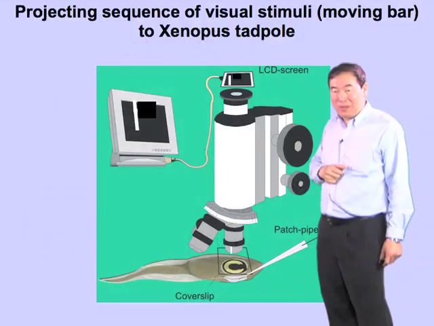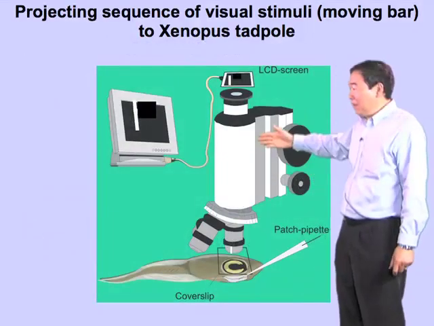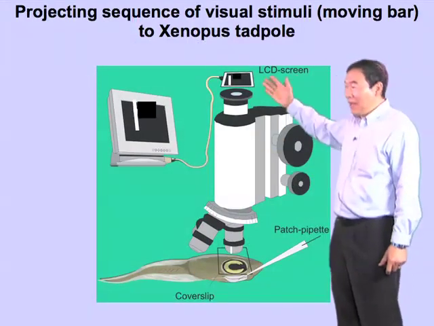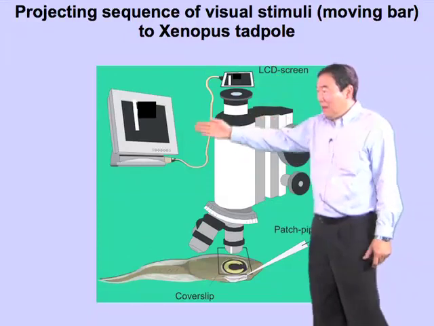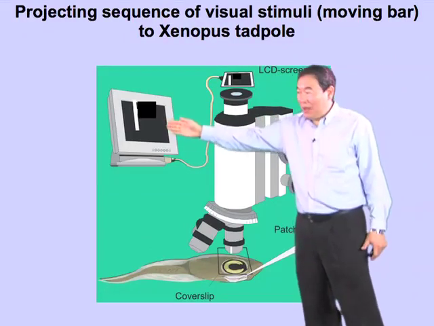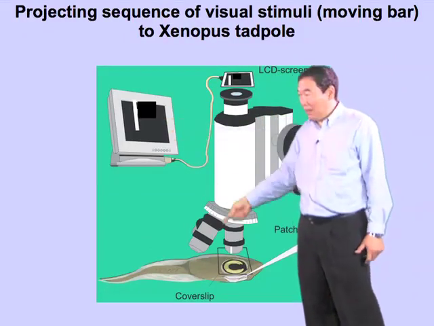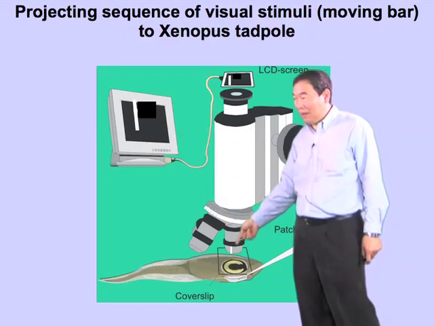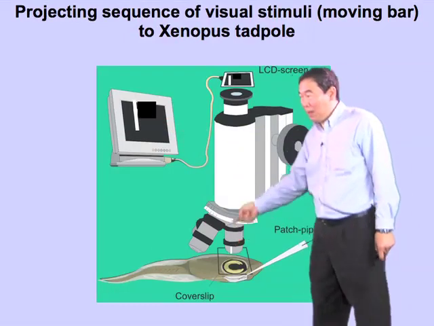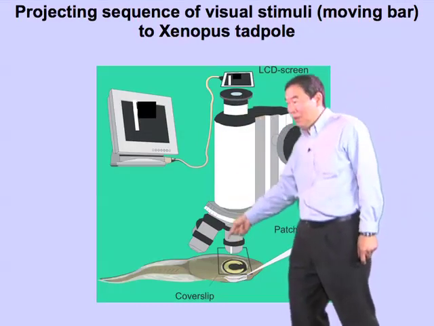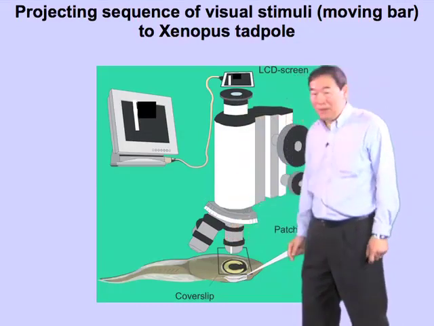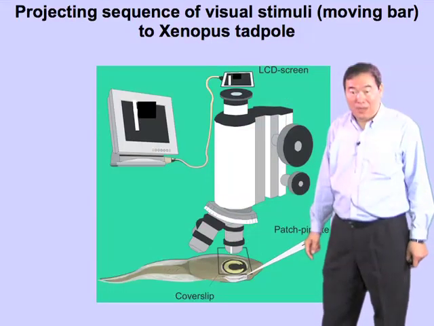It's an equivalent system in the Xenopus tadpole again. We project a moving bar image across the retina of the tadpole by projecting this bar through an LCD screen to the eye of the tadpole on the microscope stage.